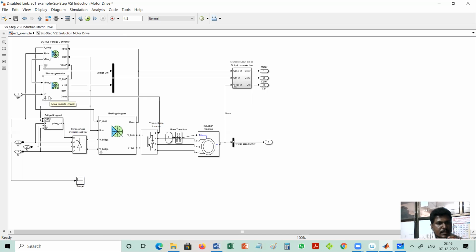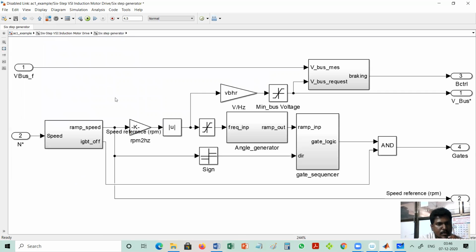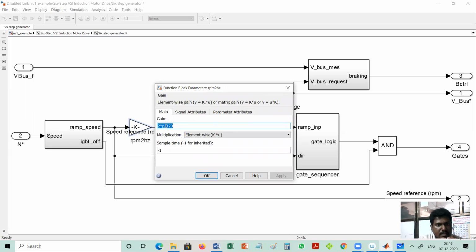For that you have to open the 6-step generator block. I have opened it. You can observe here the reference speed n star. It is converted by an rpm to hertz converter, where they have implemented the equation 120 f by p.